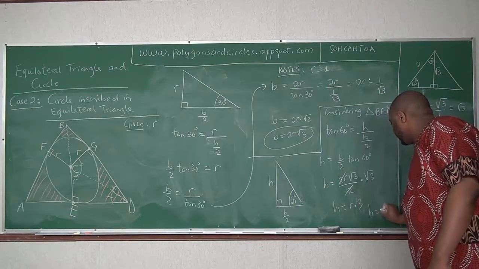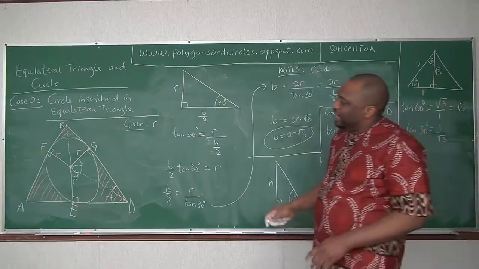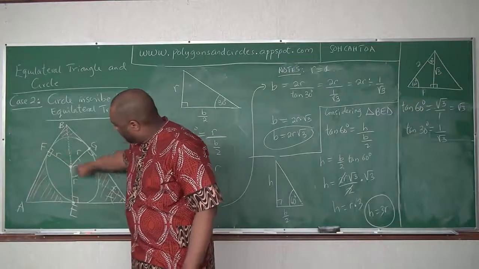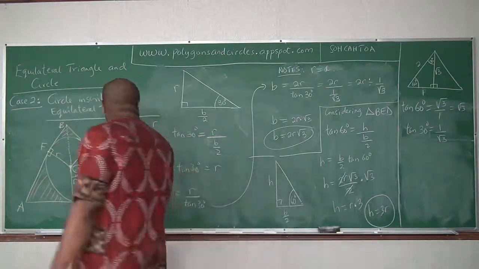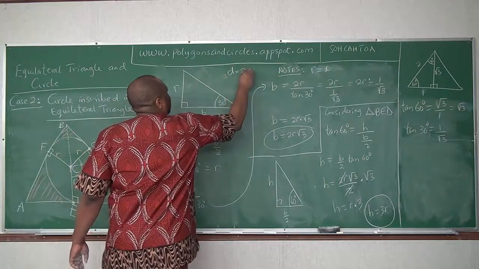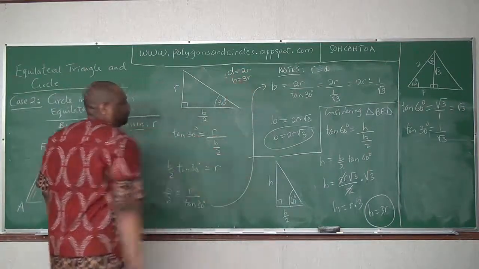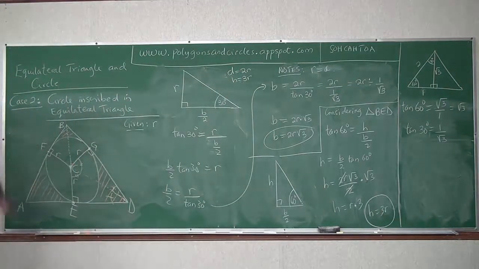Our height is 3r. Remember, the diameter is 2r, but the height is 3r, 3 times the radius. That's the perpendicular height of the triangle.